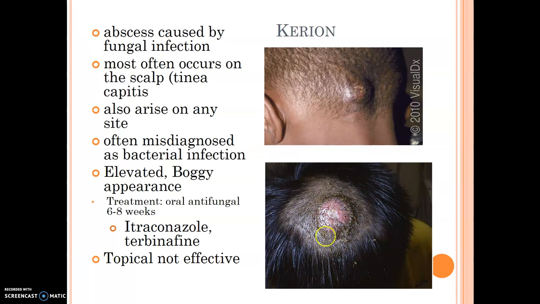So many times, I see patients who come with kerion who were treated with antibiotics for some time, and the patient complains that the infection does not resolve. Why does the infection not resolve? Because it is not a bacterial infection. It is a fungal infection.